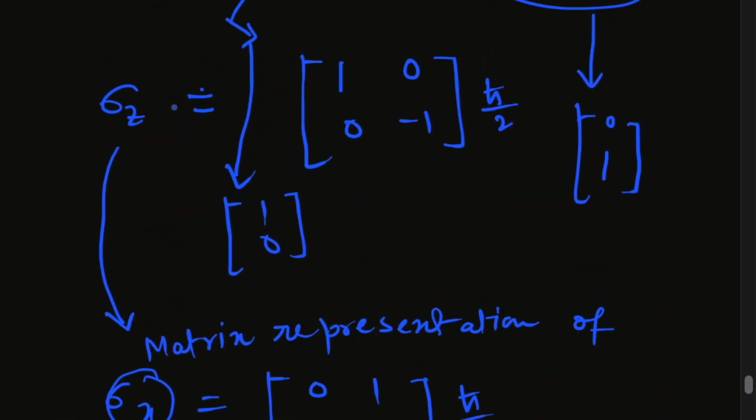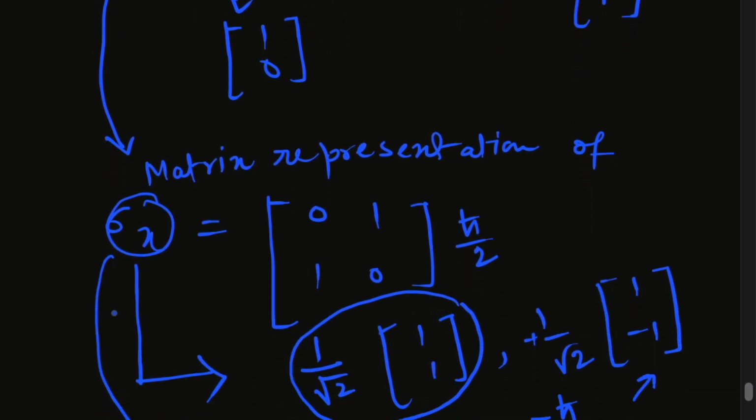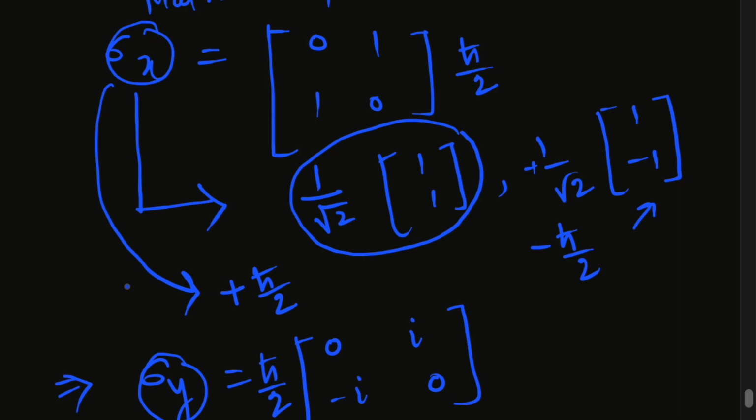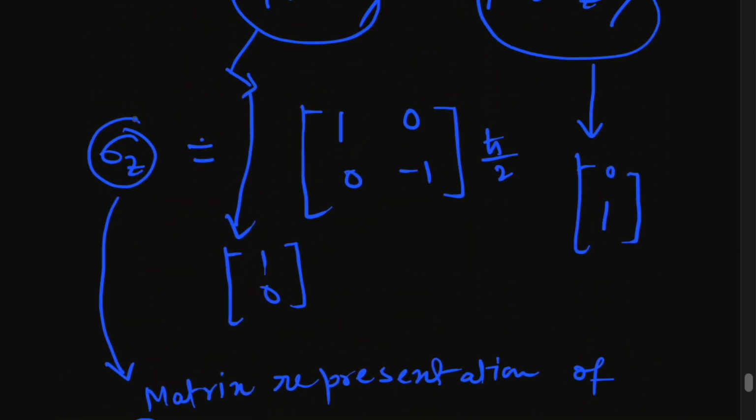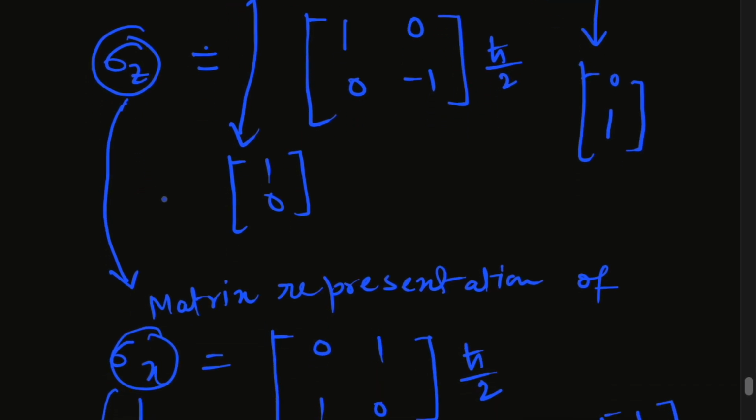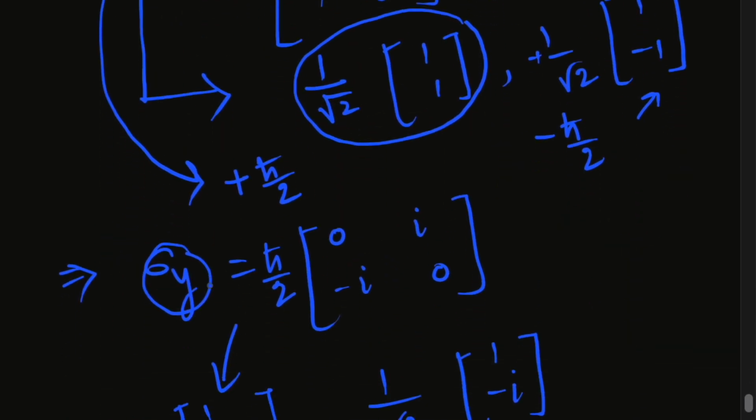We can write eigenstates of any of these operators in terms of the eigenstates of the other two, because these observables are Hermitian and their normalized eigenstates span the whole space. So we can express any vector in this space in terms of the eigenstates of sigma z or sigma x or sigma y.